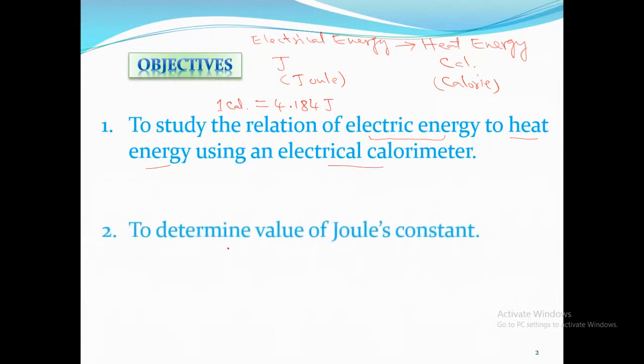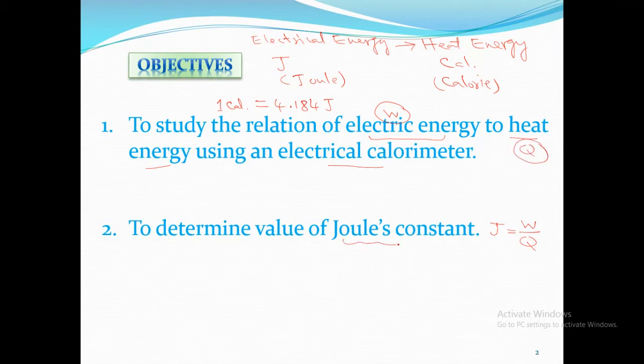And the ultimate objective of today's experiment is to find out Joule's constant J, which is equal to W over Q. W is the electrical energy, and heat energy is Q. We will be finding out this constant with the help of our experiment today.